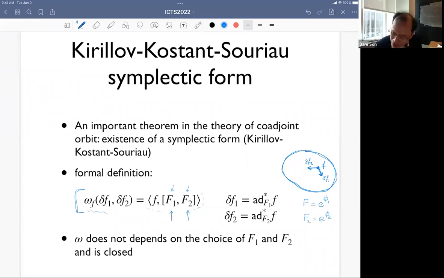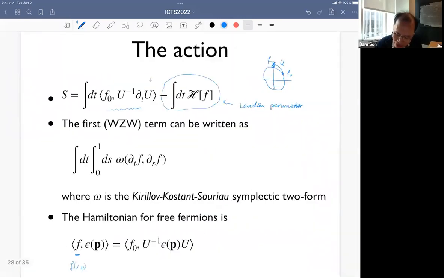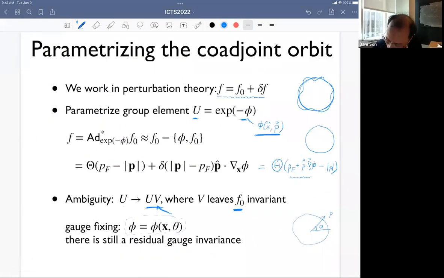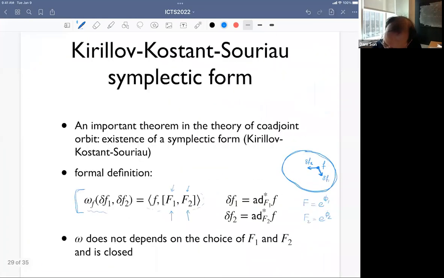I mean, what would the omega be? Yeah, so e to the F1 would make the Fermi surface into a slightly different shape. F2 would give another shape.